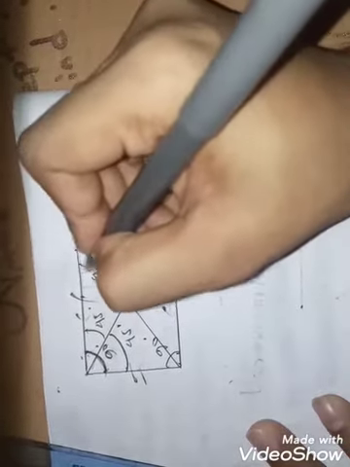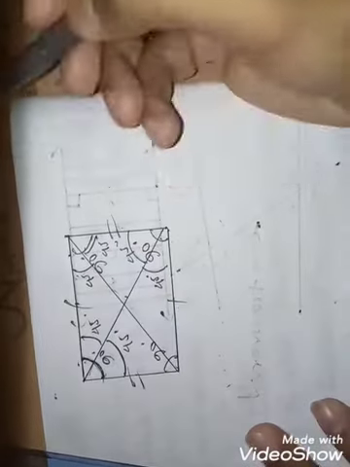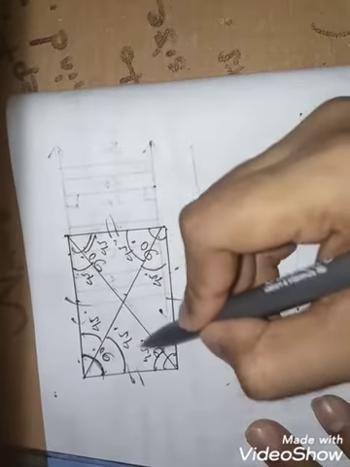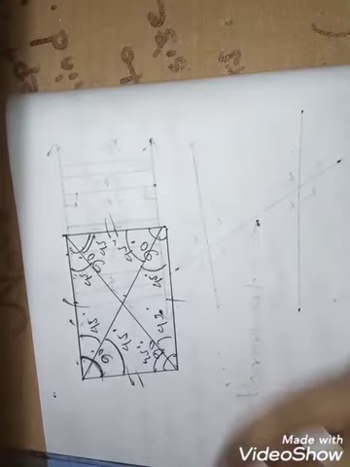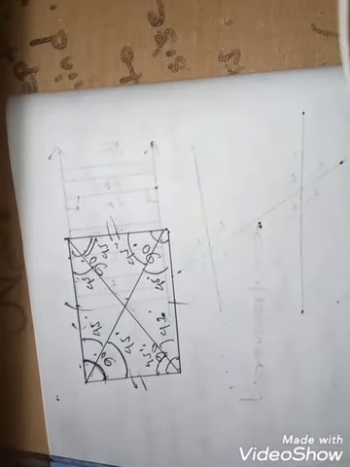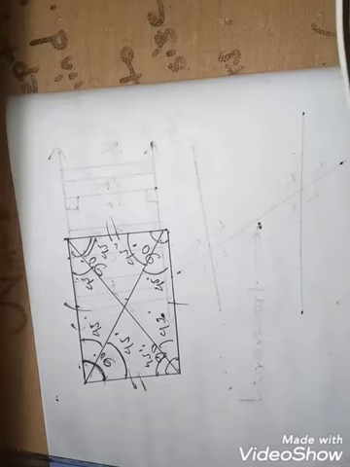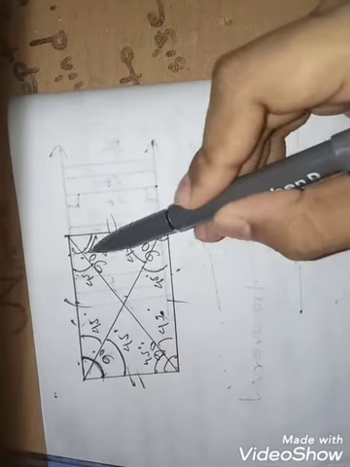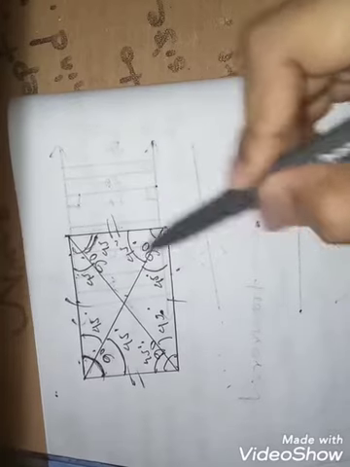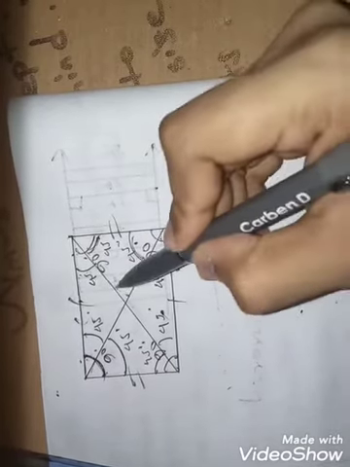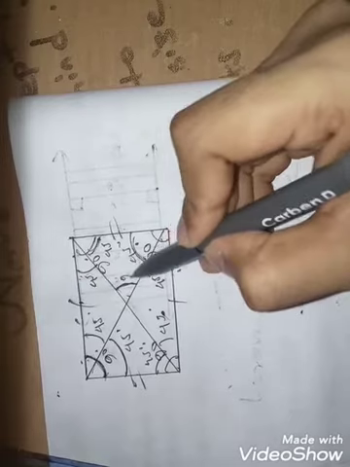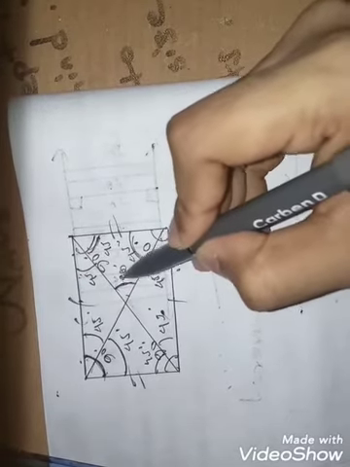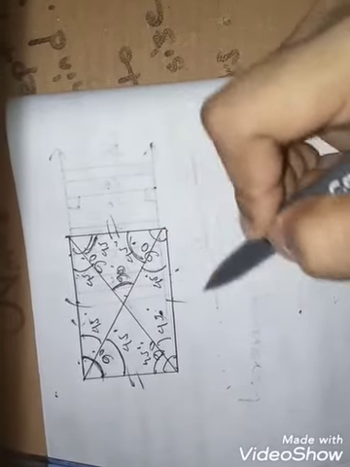This one is 45 degrees, this one is 45 degrees. Similarly, this one is also 45 and this one also 45 degrees. Since this one is 45 and this one is 45, we can say this angle is 90 degrees.